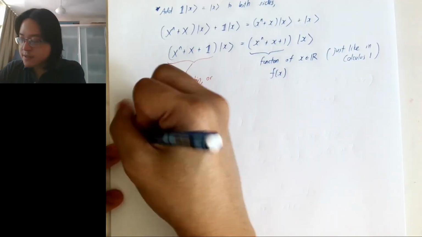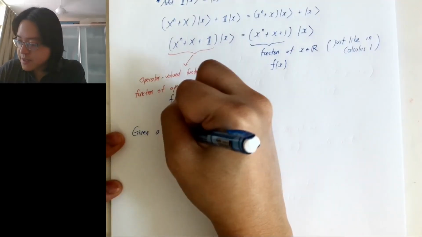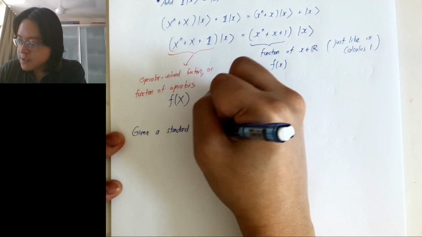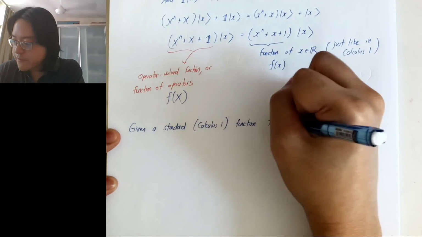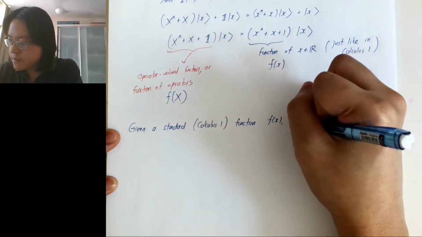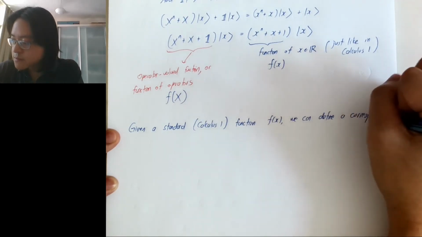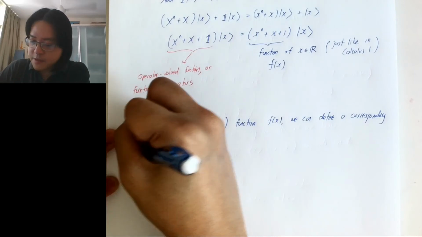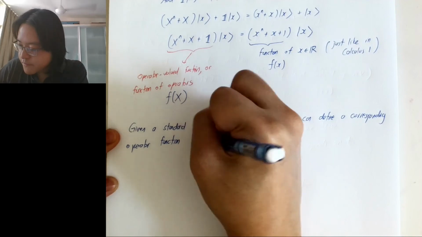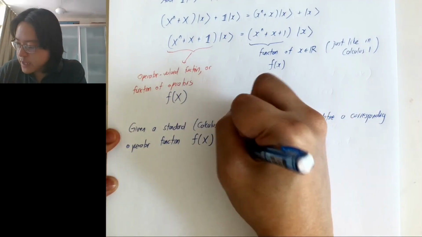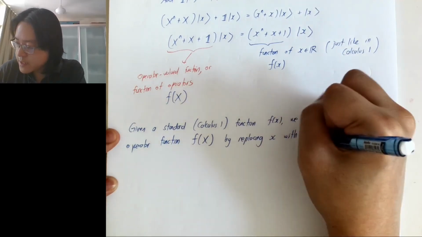In other words, given a traditional or standard function f of x, like what you learn in calculus 1, we can define the corresponding operator function f of big X by replacing x with operator x.